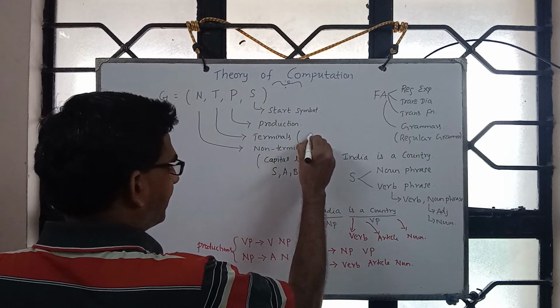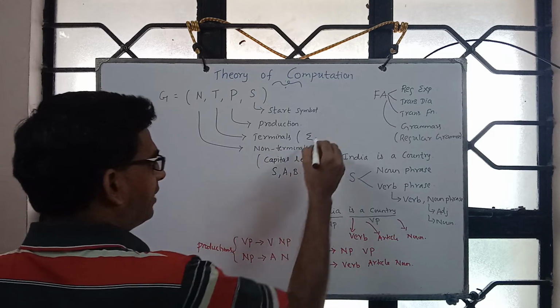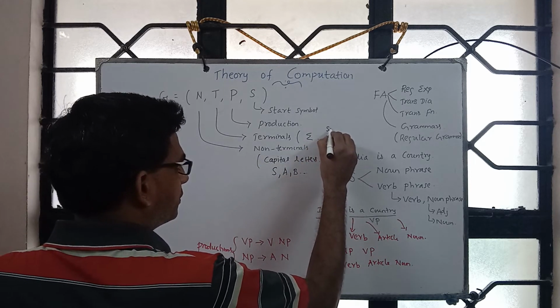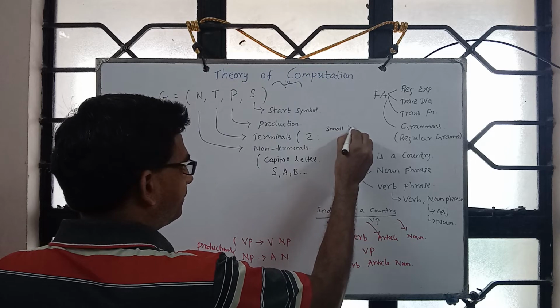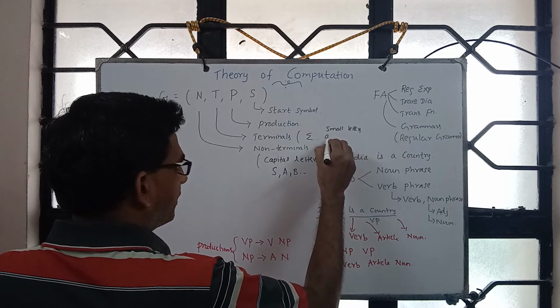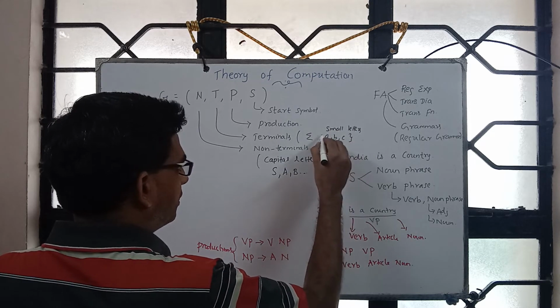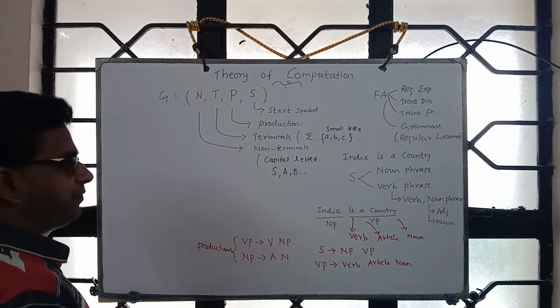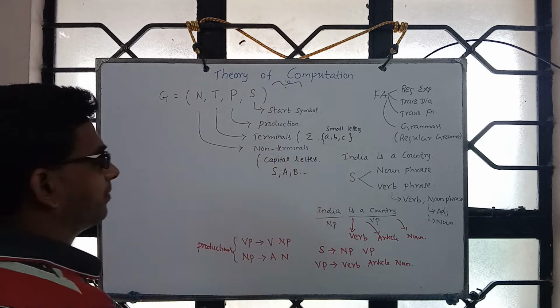Terminals are basically our input alphabet. We use small letters a, b, c, and so on. And things that are part of sigma will appear here.